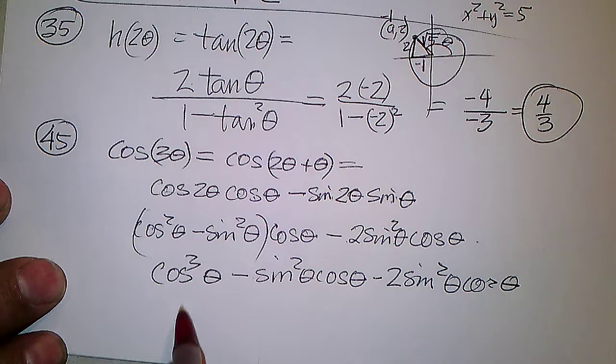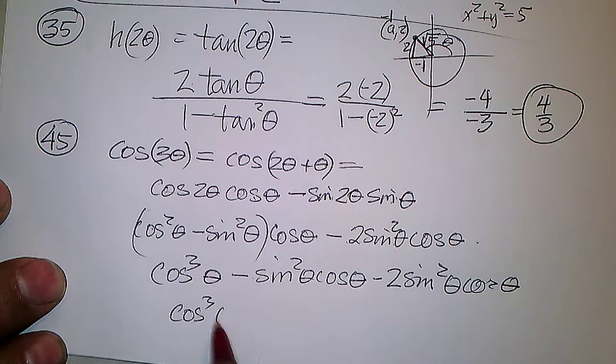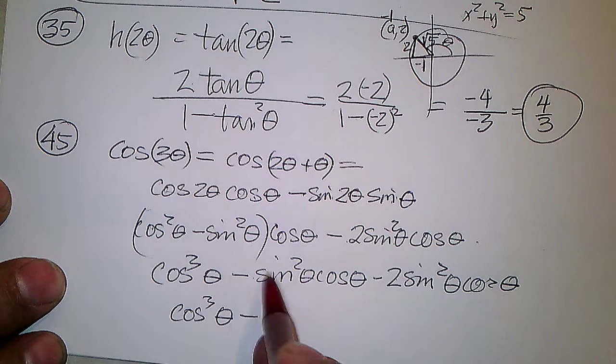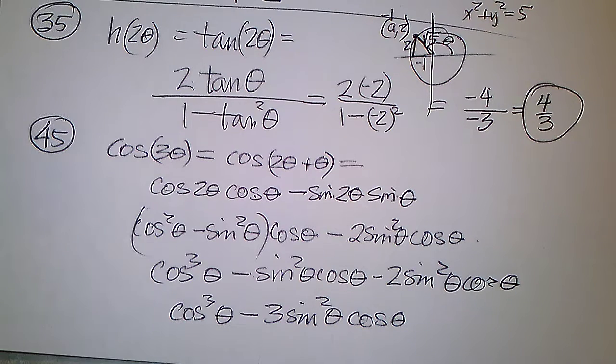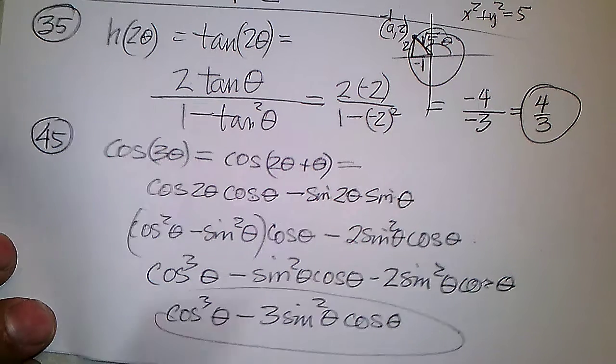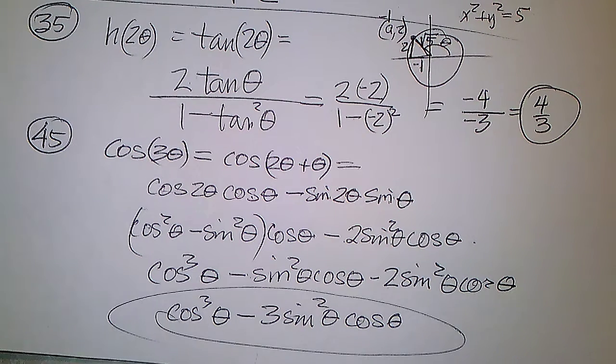So that would be cosine to the third theta minus 1, 2, 3 of these, 3 sine squared theta cosine theta. Now you could change the sine squared to 1 minus cosine squared and multiply that out and get a different formula, but that's one possibility for the formula.